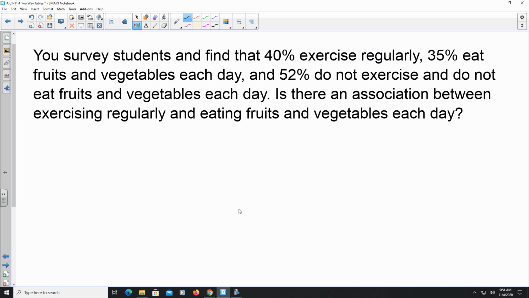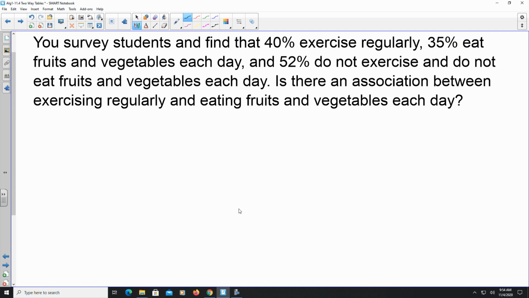Okay, so here it says you survey students and find that 40% exercise regularly, 35% eat fruits and vegetables each day, and 52% do not exercise and do not eat fruits and vegetables each day. Is there an association between exercising regularly and eating fruits and vegetables each day? So we can make a table here.